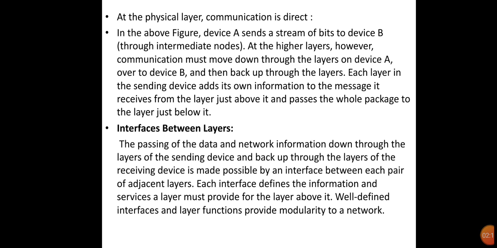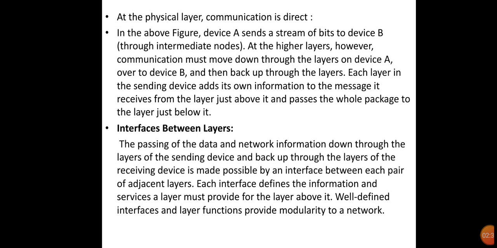At the physical layer, communication is established as direct. In the figure given before, device A sends a stream of bits to device B through the intermediate nodes.